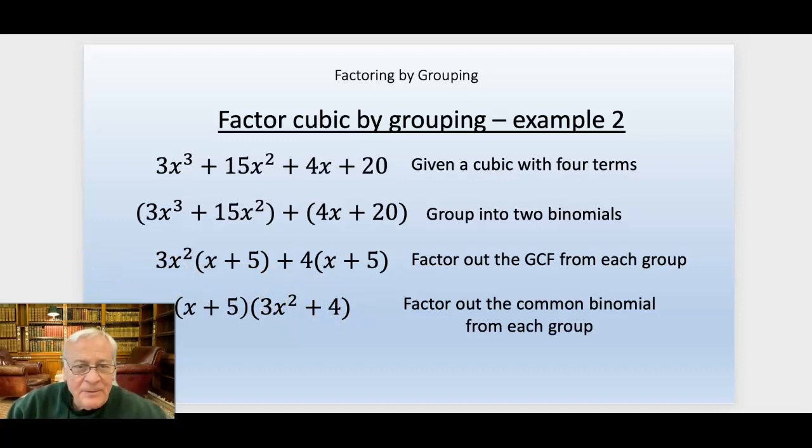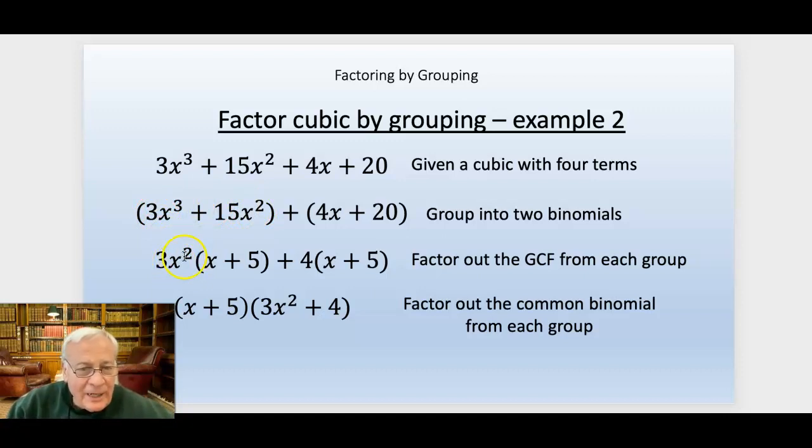Let's look at another example. You're given a cubic with 4 terms, so recognize right away that we're going to use grouping. Go ahead and group them into 2 groups, 2 binomials. In the first grouping, look for the possible common factors. I can take a 3 out of both, 3 and 15, and I can take an x squared out. I'll do that most of the time, guys.